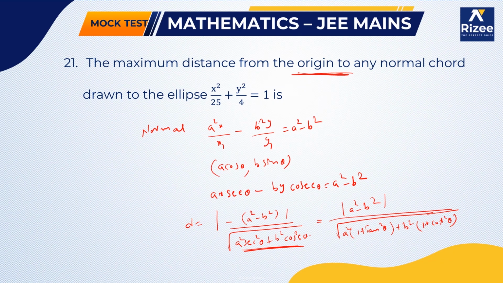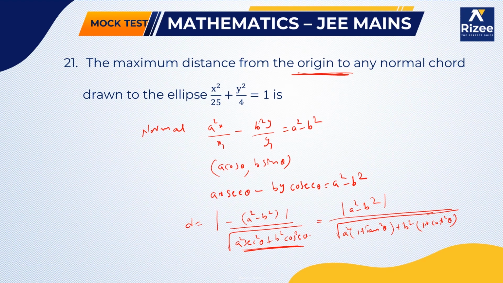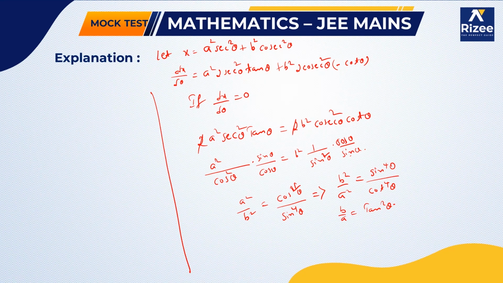Substitute here in place of tan square theta. a square minus b square by root over a square into 1 plus b by a plus b into 1 plus a by b. D is equal to, the numerator can be written as a minus b into a plus b, whole divided by root over a, and a square gets cancelled.